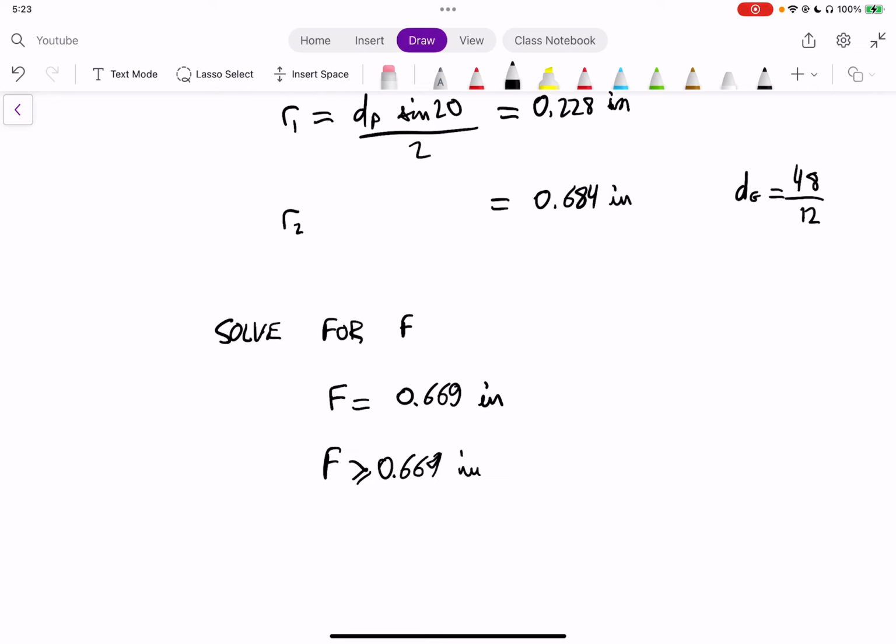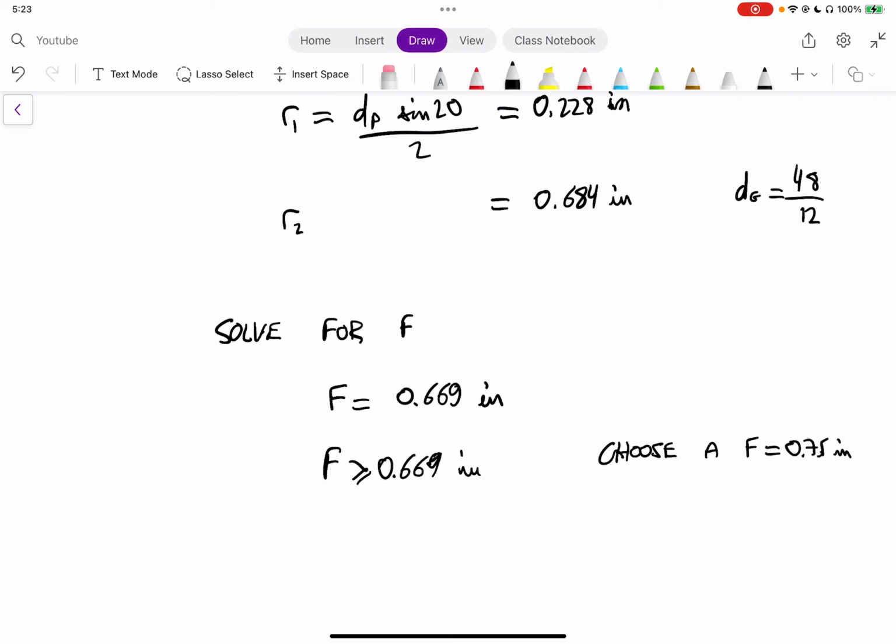Now, what's important here is that we can write this, but obviously if you were given the choice to give this to a manufacturer after and you actually had to manufacture a gear, you would probably choose an F that is equal to 0.75 inches, for example, or maybe 0.7 inches, something a little bit easier to manufacture than 0.669, especially if you're trying to just reach a maximum of that contact stress.